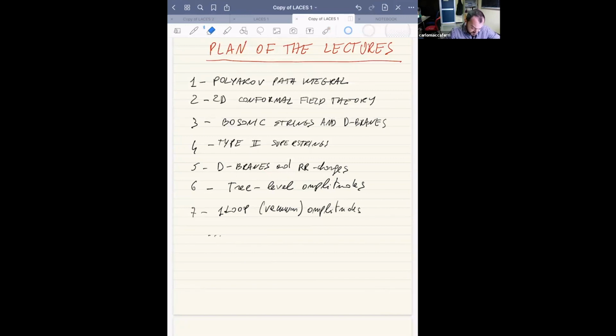The last part of the lectures will be devoted to some concrete computations in string theory. First we will attack the simplest tree-level amplitudes, so we will see how strings interact. I would also like to review and treat one-loop vacuum amplitudes and to see the modular invariance of string theory.